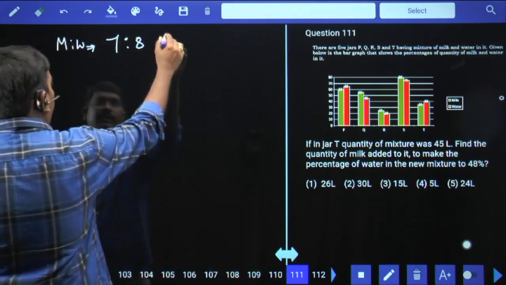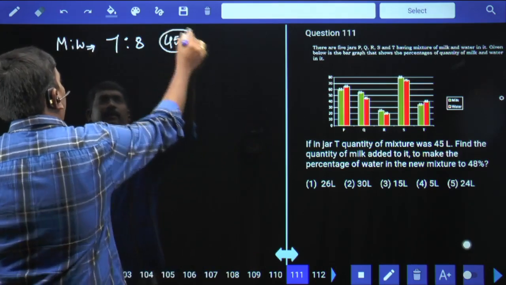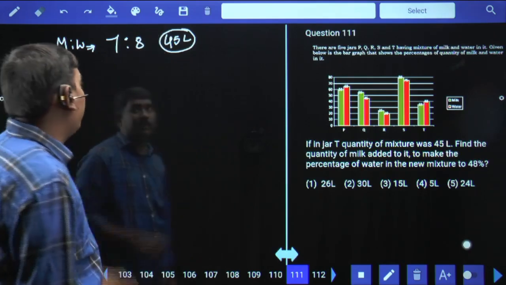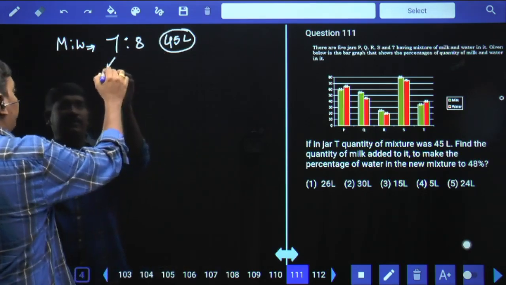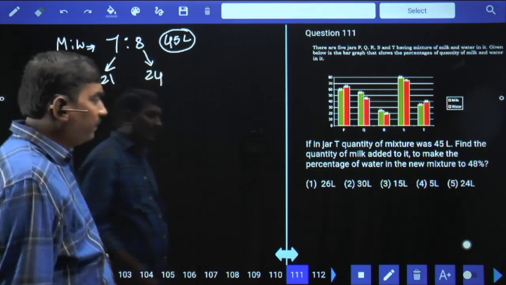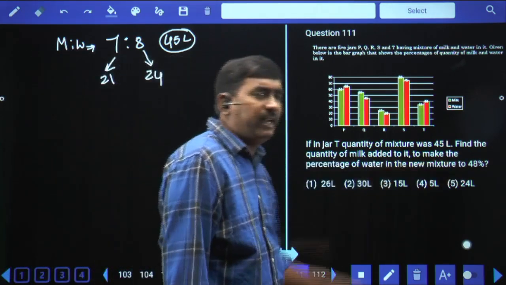Total 45 liters. 7 plus 8, 15 parts value 45 liters, so 1 part is 3 liters. Initial milk is 21, initial water is 24. Finally, the water is equal to 48%.